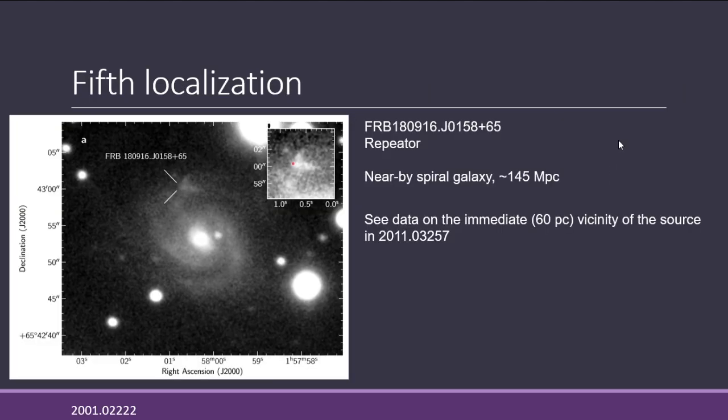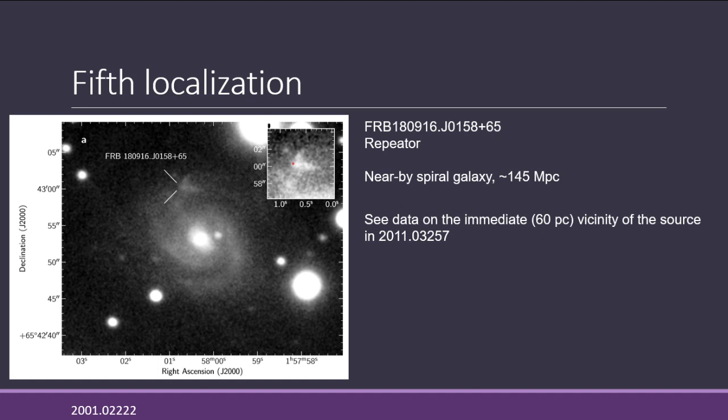Okay, since that time many sources were localized, and up to now there are about 20 localizations made with different instruments, with different techniques, and the achievements are really impressive, because now, for example, with ASKAP, again an Australian instrument. This is the Australian Pathfinder for the Square Kilometer Array.